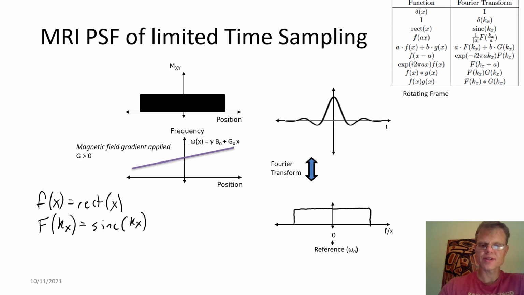The effect of limited sampling is going to say, well, actually, we don't get all of this sinc function. We just get sampling of a part of the sinc function. We just get this region right here.